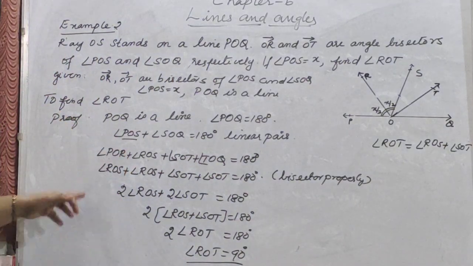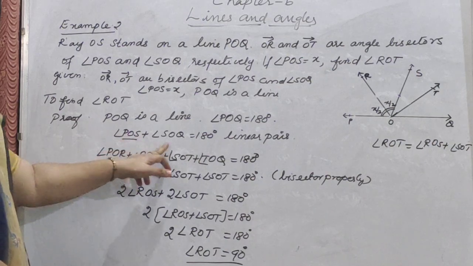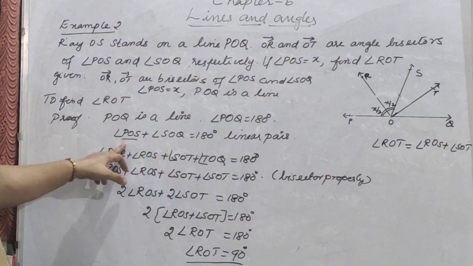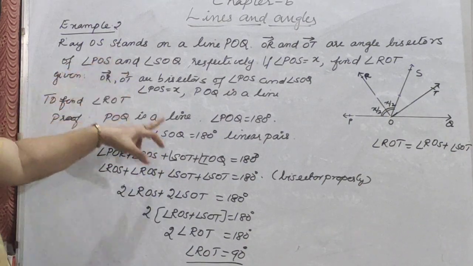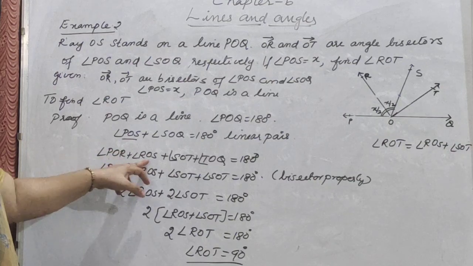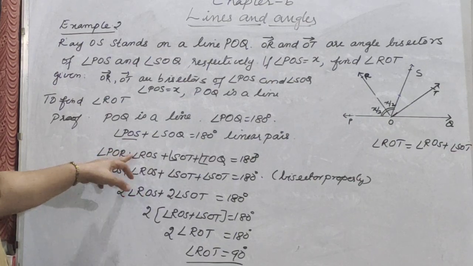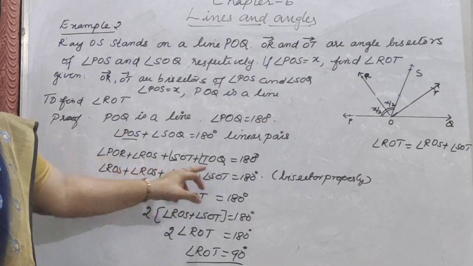POQ is the line. So if you take POQ, you can see the angles POS plus SOQ. That is from the first statement we have written. It is a linear pair. Now POS you can make into 2 angles, POR plus ROS. Similarly SOQ also, SOT plus TOQ.